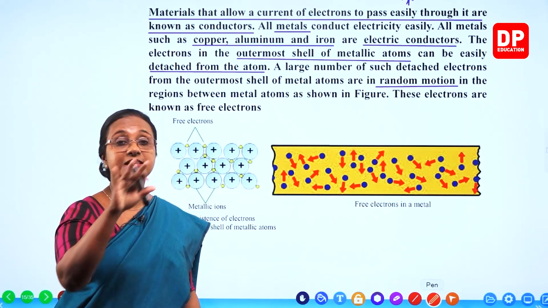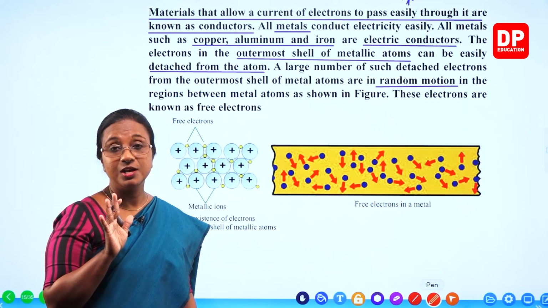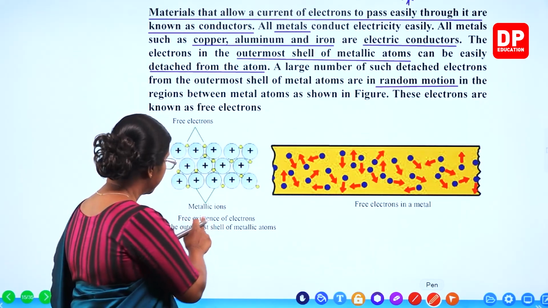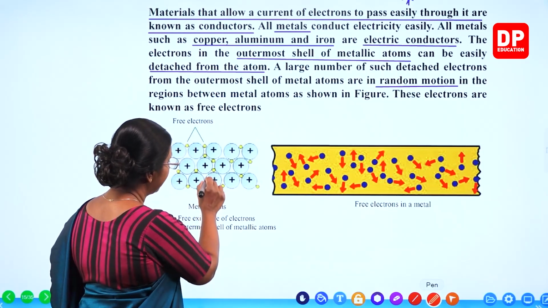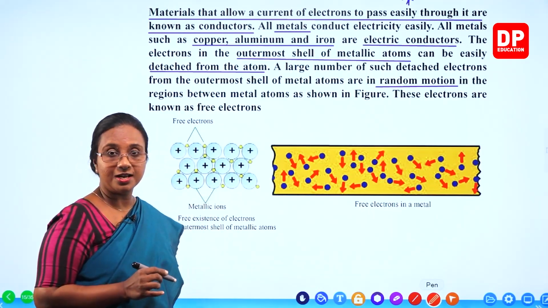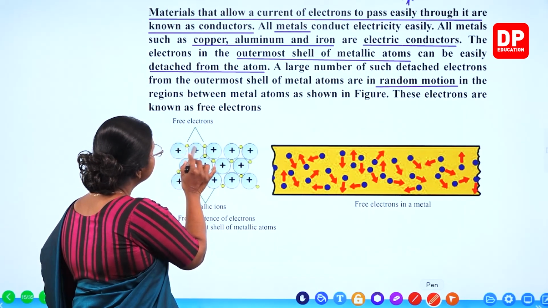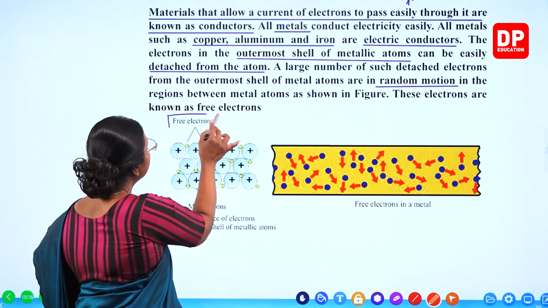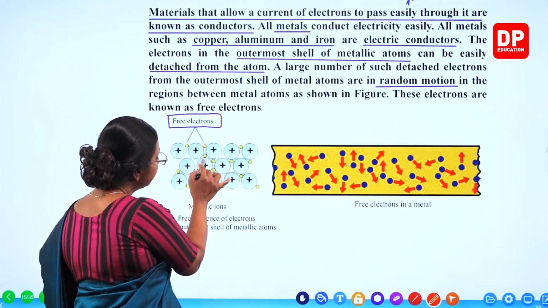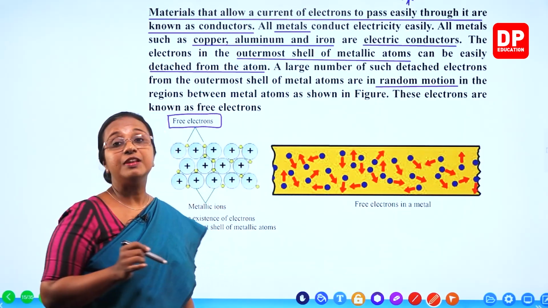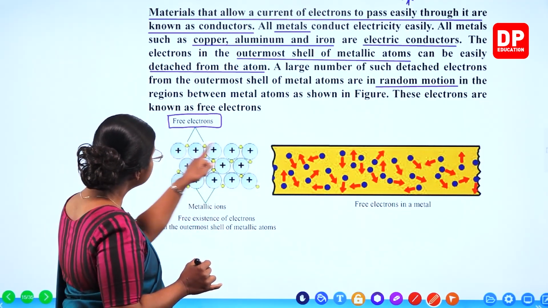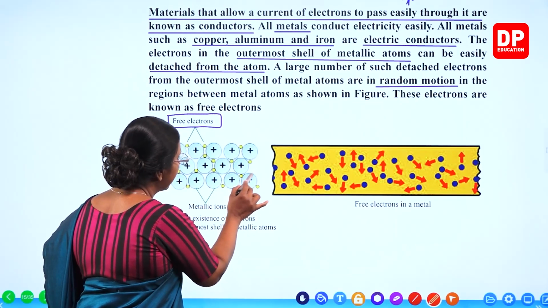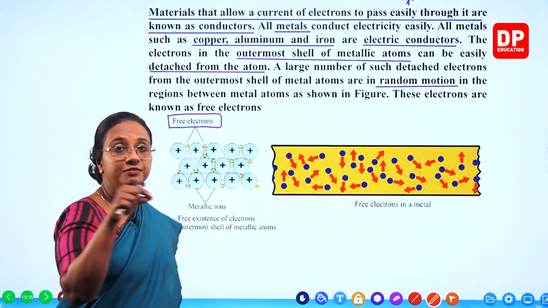So the nucleus and the energy levels, not the outermost energy level but the other energy levels, make a metallic ion. Why? They are all positively charged. And all the electrons that come off the outermost shell become the free electrons. Here you can see these yellow color dots are the free electrons. So in this metal structure, the positively charged metallic ions are fixed.